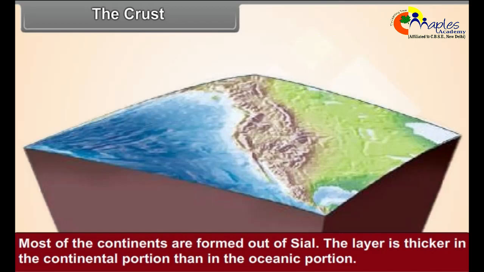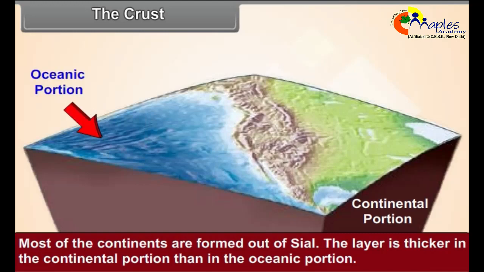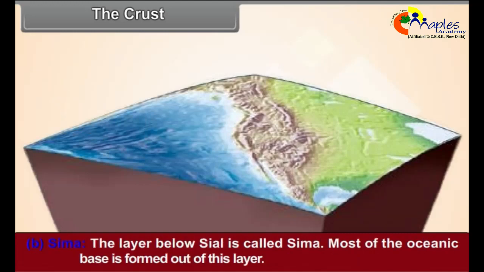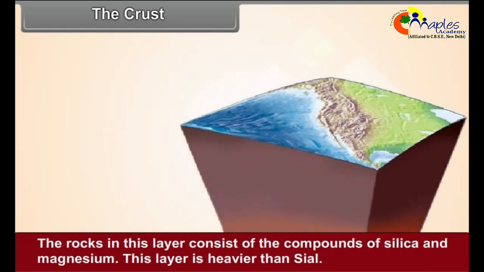The layer is thicker in the continental portion than in the oceanic portion. Sima. The layer below sial is called sima. Most of the oceanic base is formed out of this layer. The rocks in this layer consist of the compounds of silica and magnesium. This layer is heavier than sial.